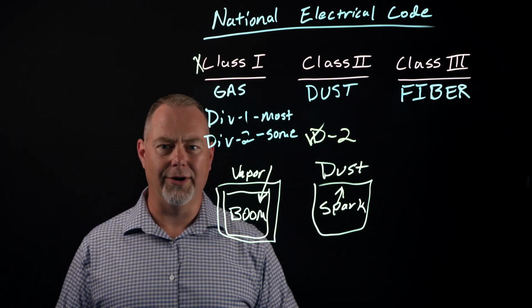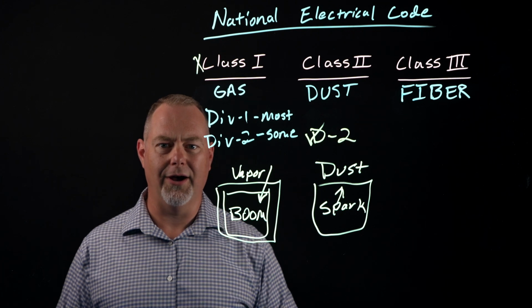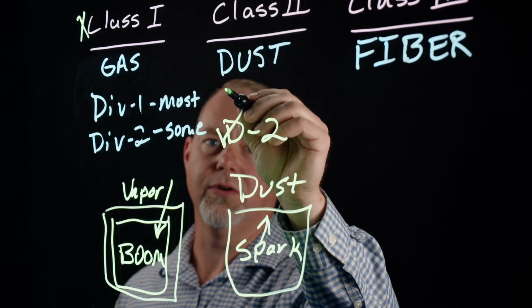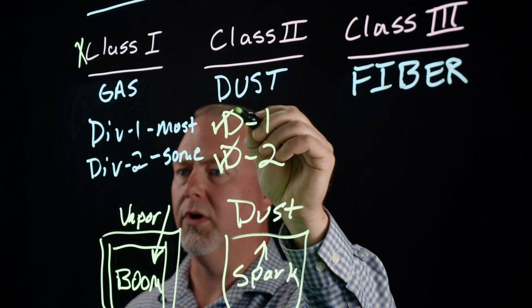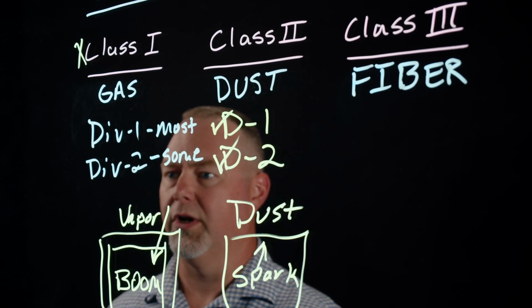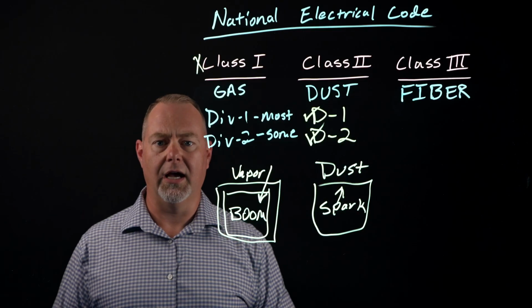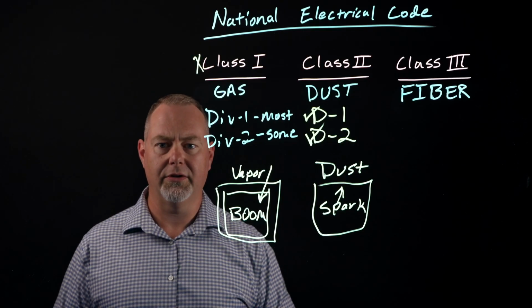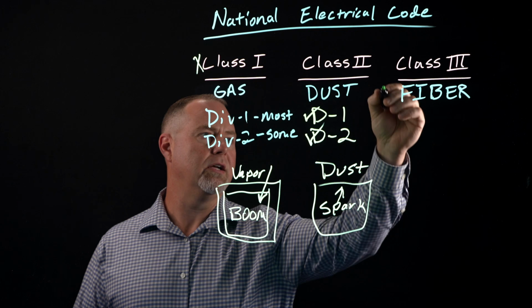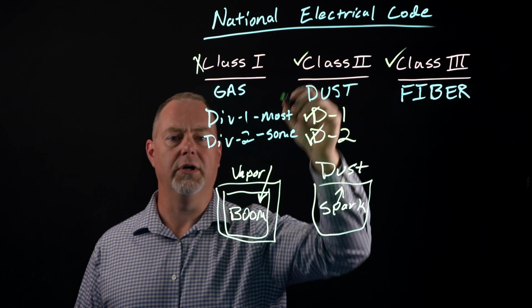And we're now very proud to announce that SonicAire now has a model that is UL certified for Division 1 locations as well. So when it comes to Class 3 locations, fortunately the NEC allows for Class 2 certified equipment to also be used in Class 3 locations as well.